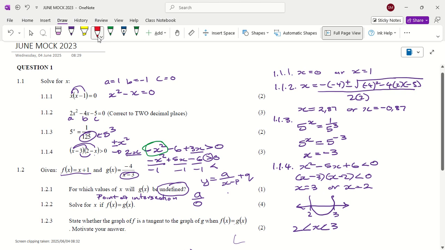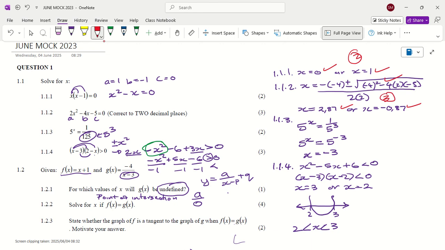So for 1.1, are we all marking? Okay, 1.1, you'll get a mark for x is equal to 0. Get a mark for x is equal to 1. That is 2 marks, ne? Okay, sharp. Then we go to 1.2, you get a mark for correct substitution onto the quadratic formula. And then you get a mark for x is equal to 2.87 and the other value. That is 3 marks.